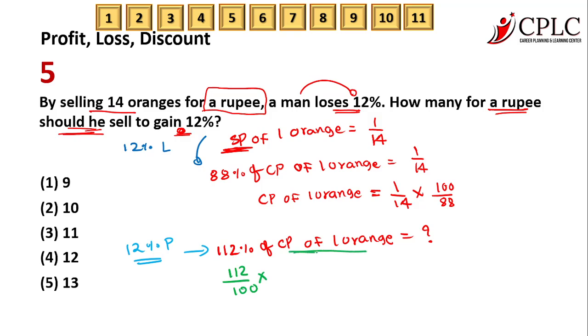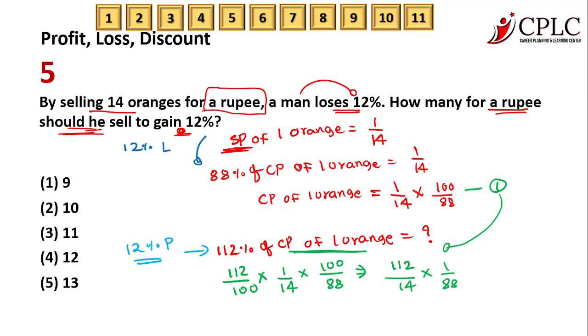CP of one orange is already known to us from equation number 1. So let's substitute that here, which is 1 by 14 into 100 upon 88. Let's do this now. 100 goes off. You have 112 divided by 14 into 1 by 88 basically.